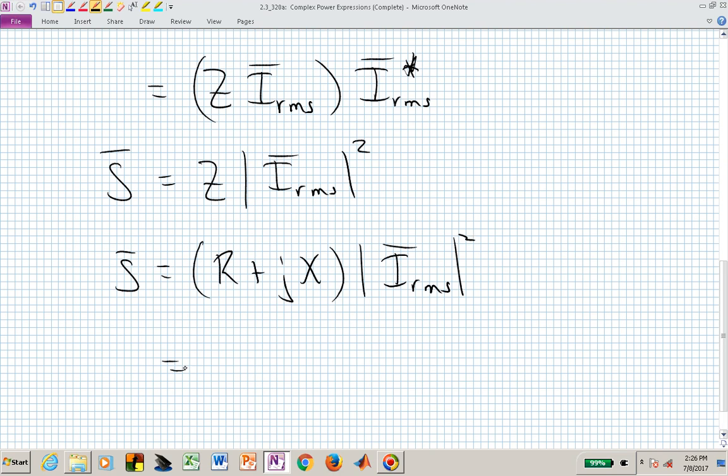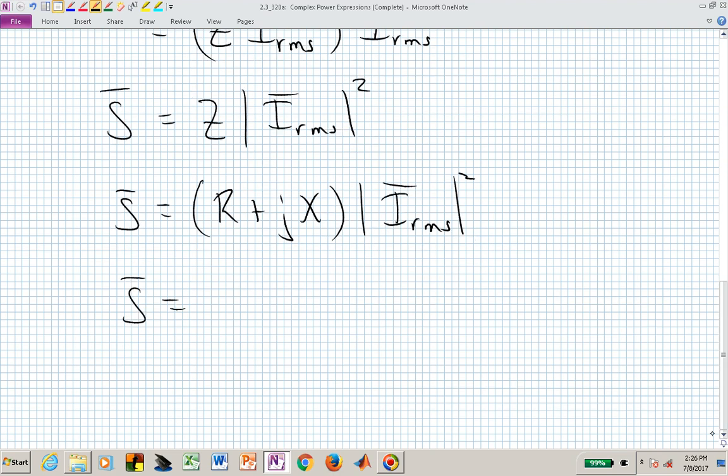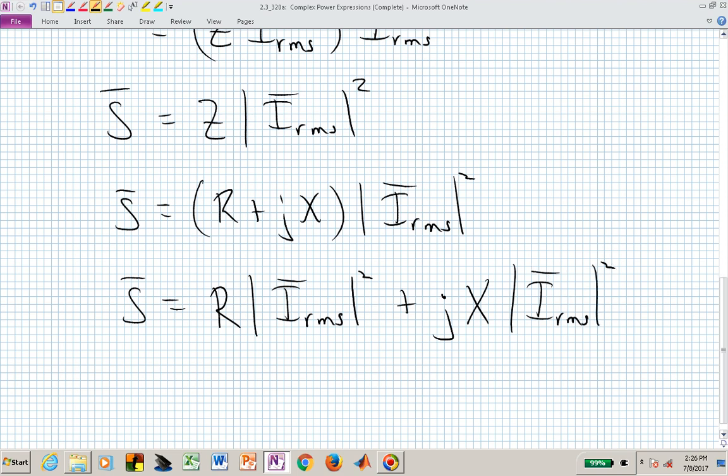And now we can find in rectangular form that the complex power is the real part, which is the resistor, times the magnitude squared of the current, plus J times the reactance, X, times the magnitude of the current squared.